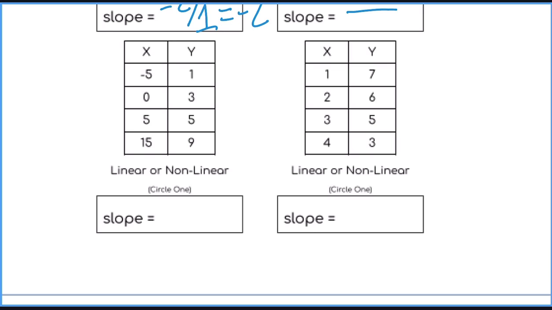All right, for this one, change from 1 to 3. From 3 to 5. And from 5 to 9. Our change from -5 to 0.